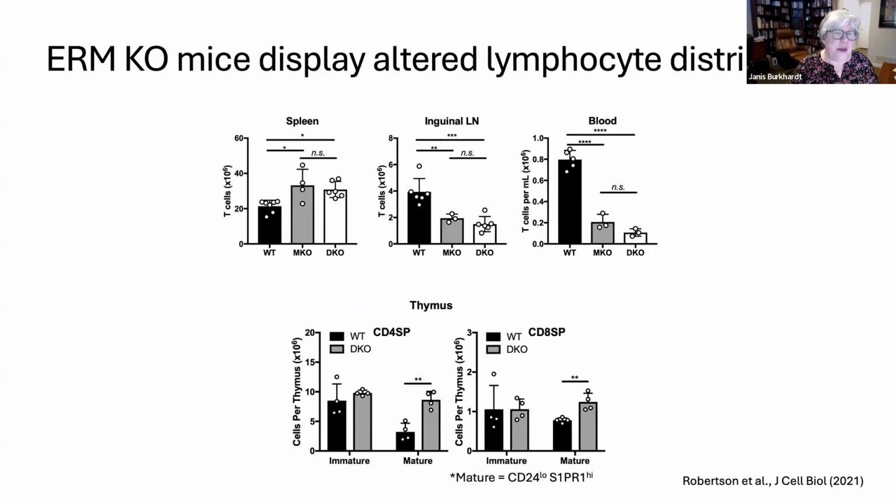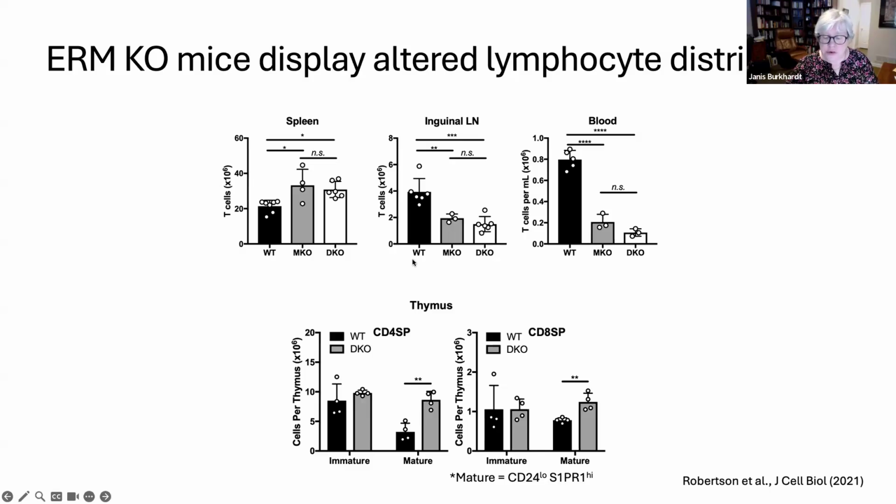So what Tanner did was he started by looking at just the distribution of T cells in mice that lack these ERM proteins. And again, it turns out that there's only one of these three molecules that's really important in T cells, and that's moesin. So I'll probably go back and forth showing you data from double knockout mice and moesin single knockouts. It's always the same.